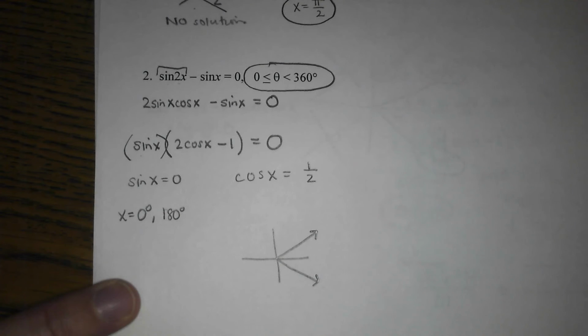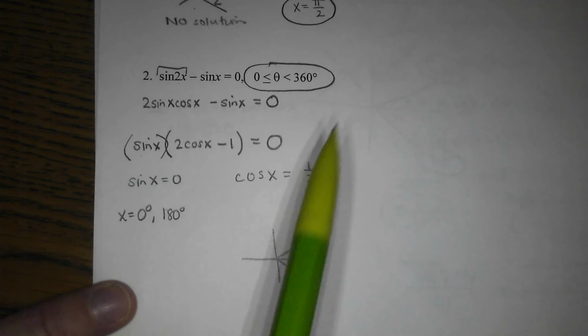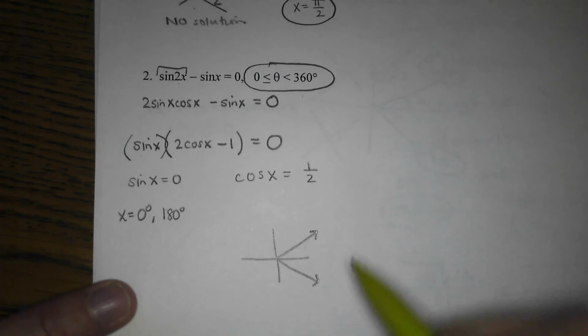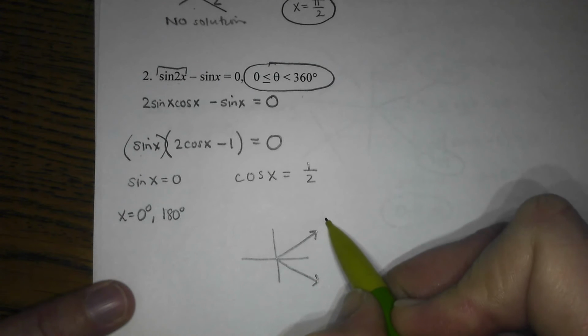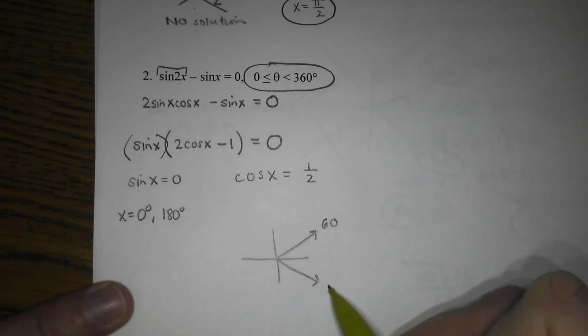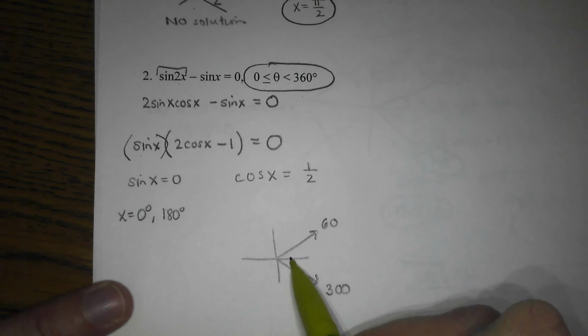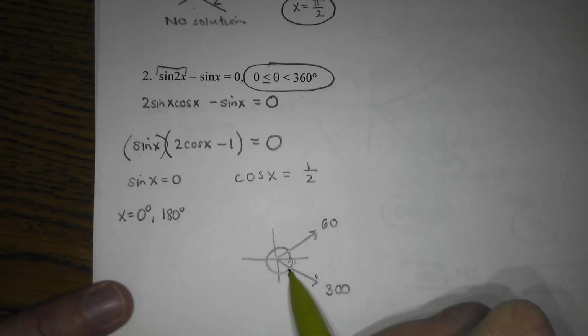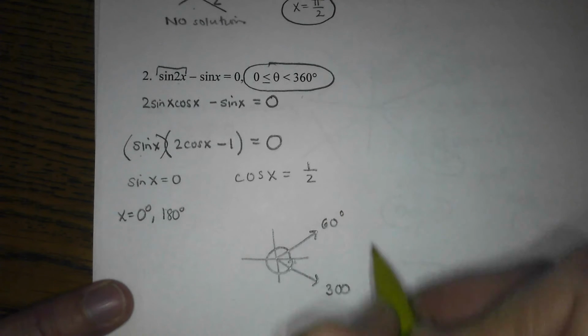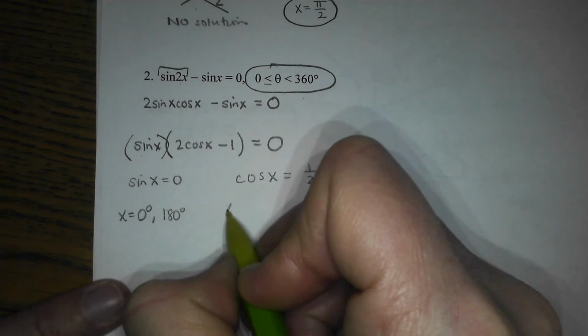So look at, on my red circle over there, where cosine, meaning the x-coordinate, equals a half. 60 degrees, we are in degrees, so 60 degrees. So this is what? 60, what's this? 300. Does everyone follow that? Okay, around our rotation, a full circle would be 360, but that's 60 degrees too far, so back it up 60 and you get your 2 answers of 60 degrees and 300 degrees.